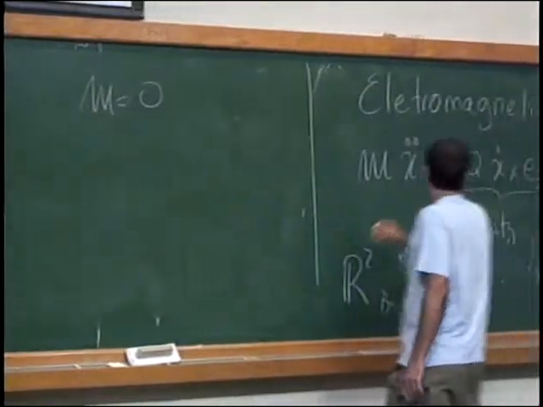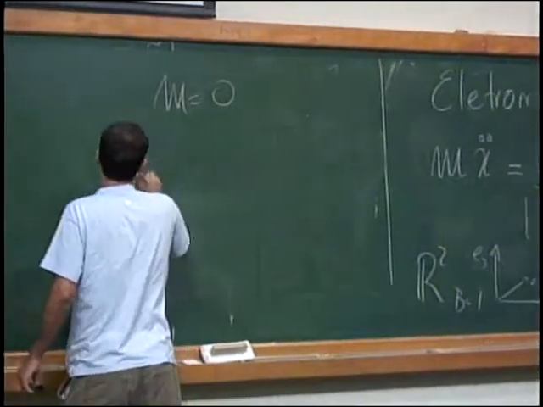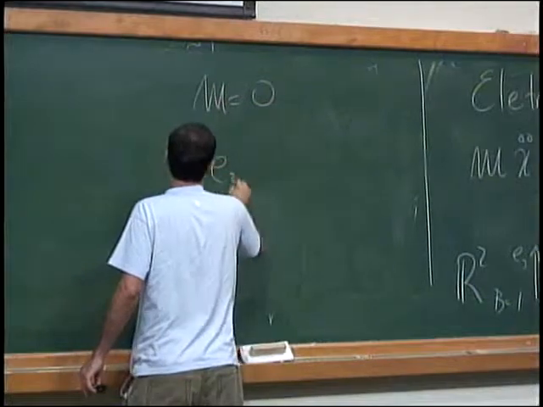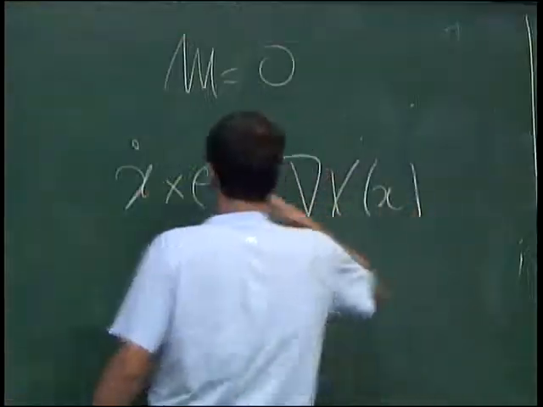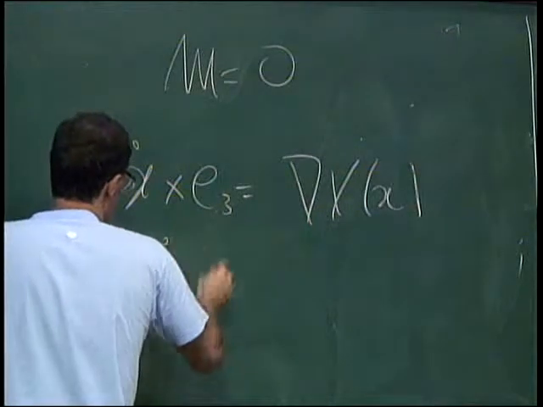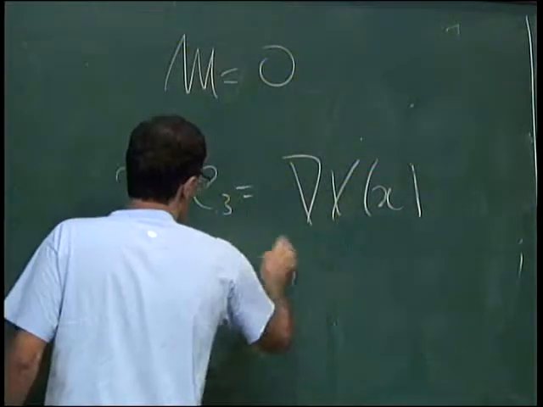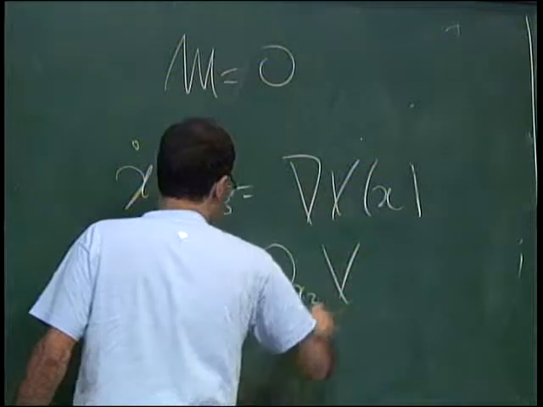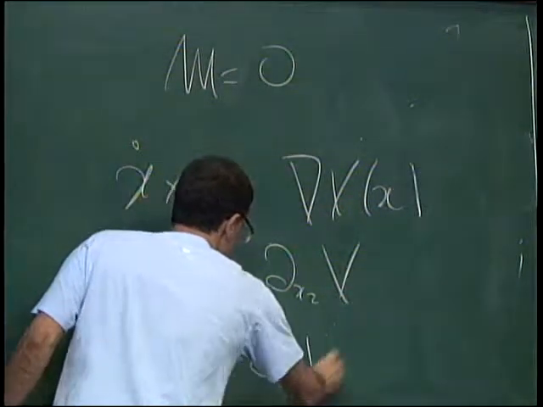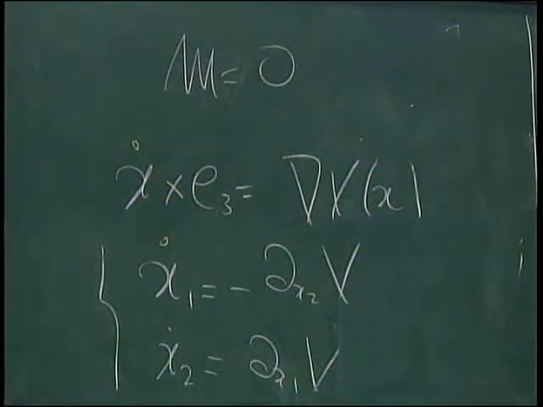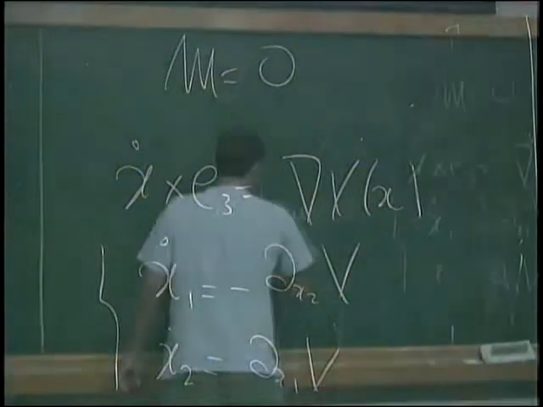This q cancels out, and we get this equation. And if you write the components, I think I get this. And this is Hamiltonian, very nice, 2D.